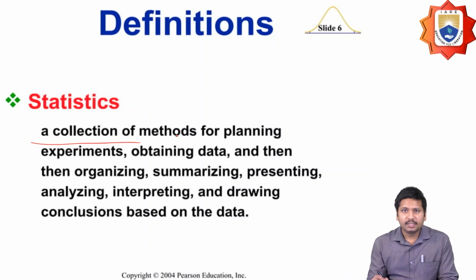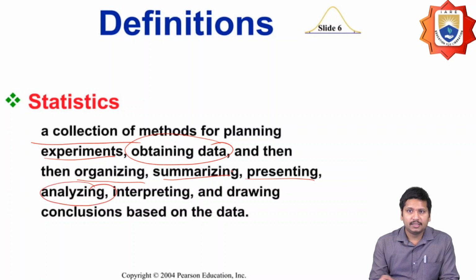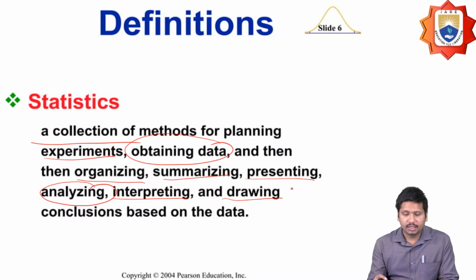We can organize the data, summarize it, and present it by making use of some visualization tools. Once the data is presented, we analyze it, and finally interpret it and draw conclusions based on the data. This is the definition of statistics here.